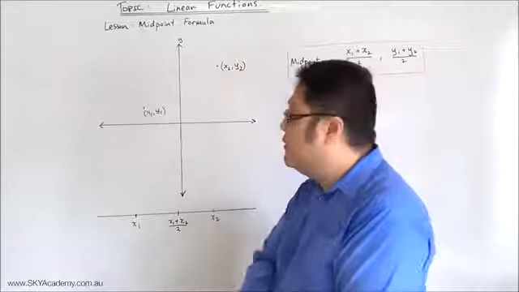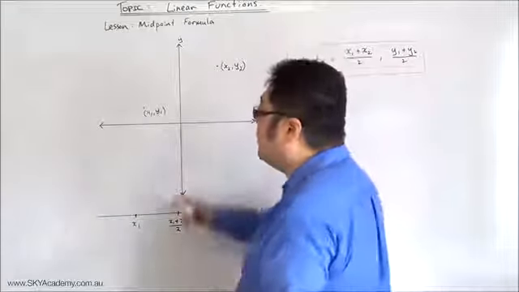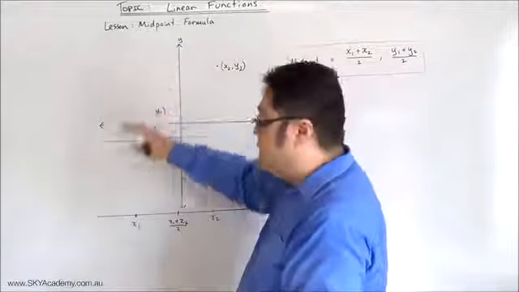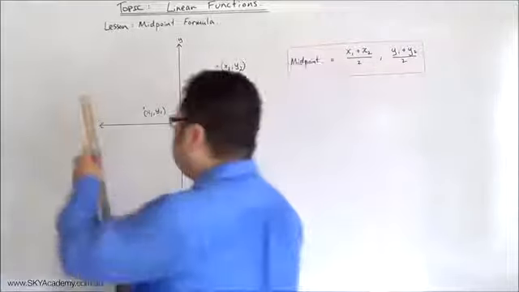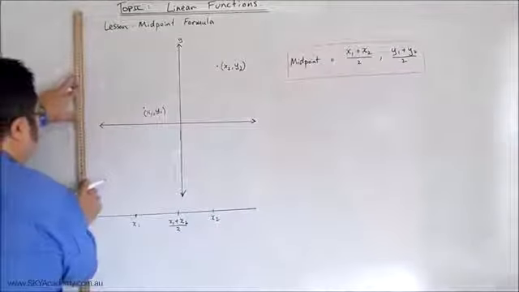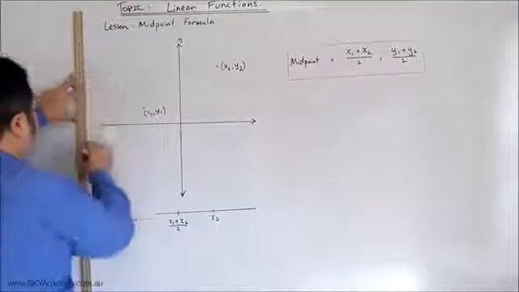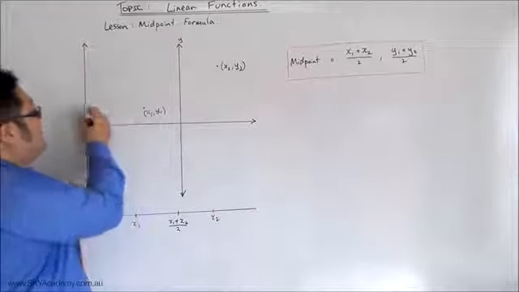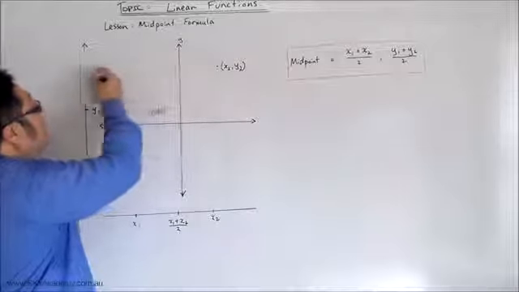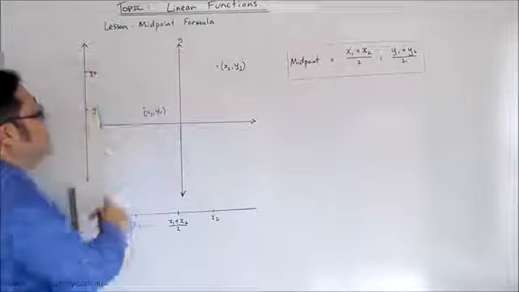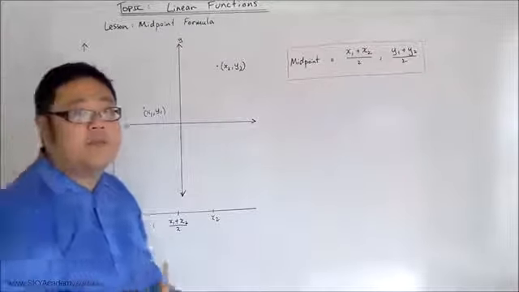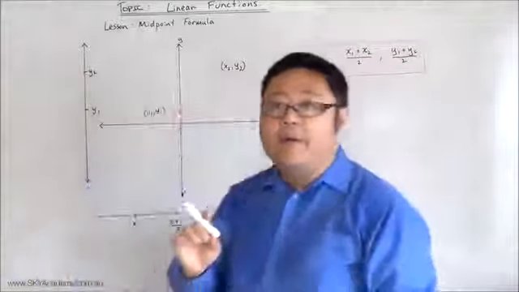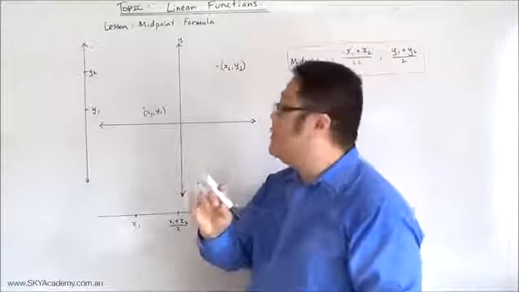Yes? Now, similarly, on the vertical axis, you will have the same thing. So if I were to show you the vertical axis, y1 would be somewhere here, y2 would be somewhere here. Yes? And the halfway point, again, will be the midpoint between the two.